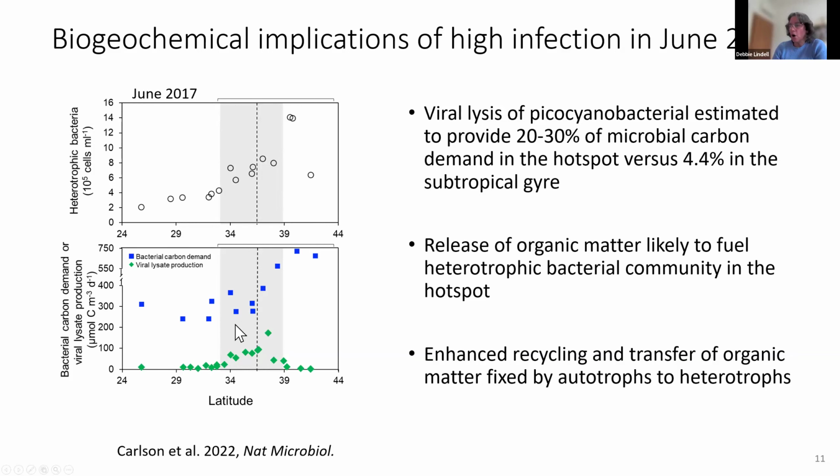Whereas in the hotspot, we see that the viral lysate produced could contribute up to 30% of the bacterial demand. So there could be considerable consequences to such a high lysis event. And what we have here is enhanced recycling and transfer of organic matter fixed by autotrophs moving over to heterotrophs in 2017, or at least that's what we think is going on.